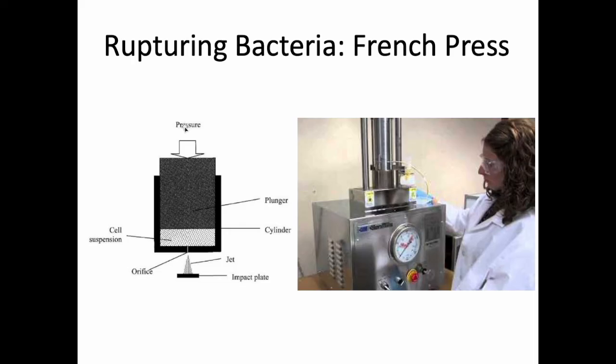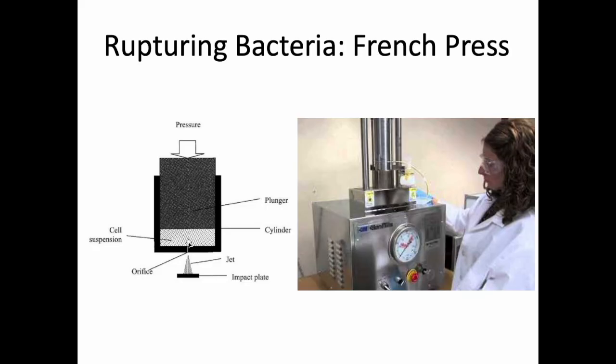You've got an enormous amount of pressure pushing down on these cells and the liquid they're in. And there's a teeny tiny little hole here at the bottom, and the enormous force pushing these cells through the tiny little hole is enough to mechanically rupture open these cells.